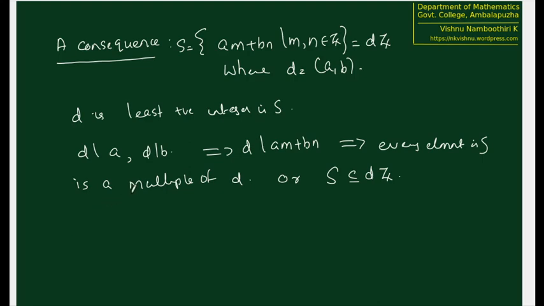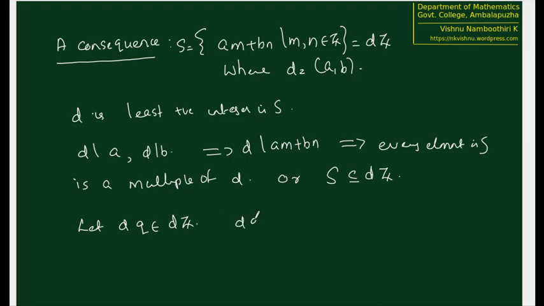Now, on the other hand, if we have to show that S is equal to DZ, we have to show that S is a subset of DZ and DZ is a subset of S. Now, suppose that we choose an element from DZ. Let DQ belong to DZ. We know that D is the least positive integer in S, D is equal to A alpha plus B beta.